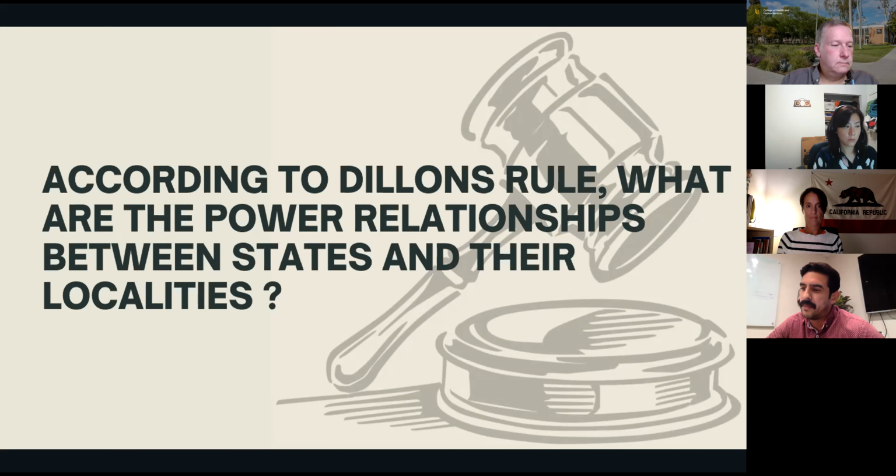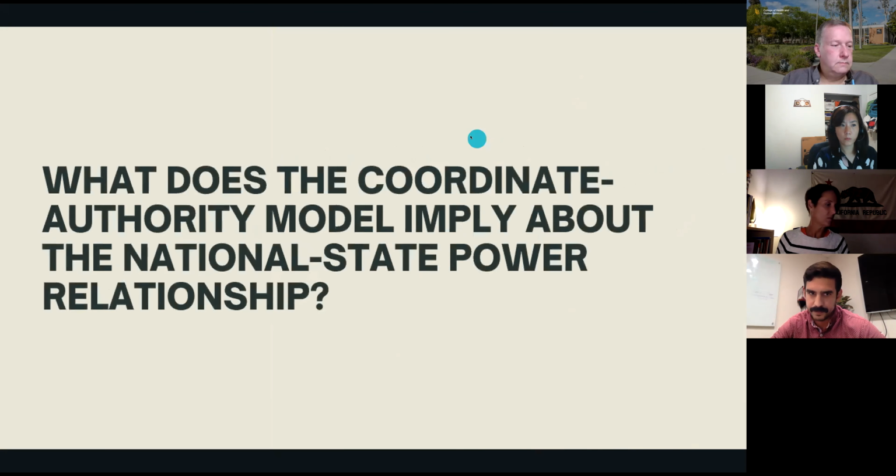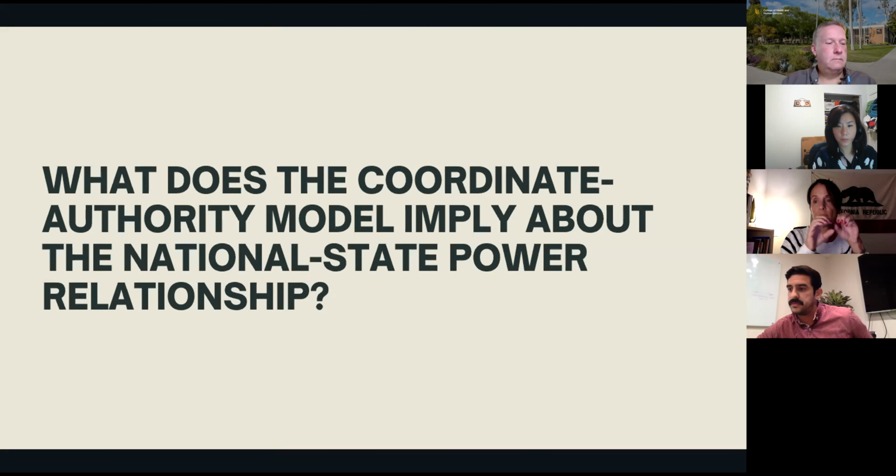But what does coordinate authority, what does that model imply about national and state power relationships? If we go back to that model, we saw that distinction. What does it imply about the national and the state government? It looks like it implies that the national government exists outside of the state government, right? Right.